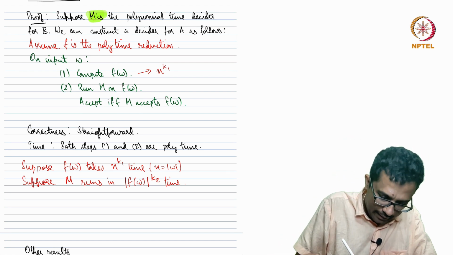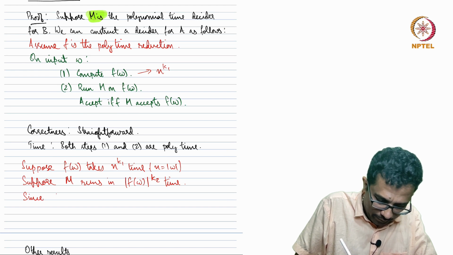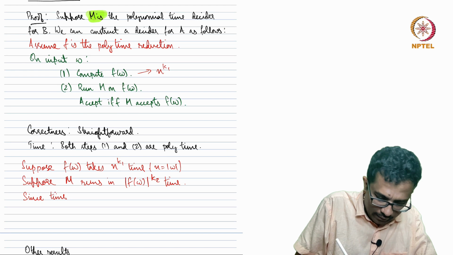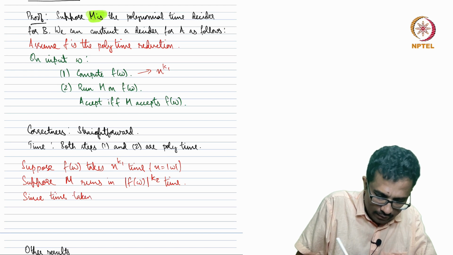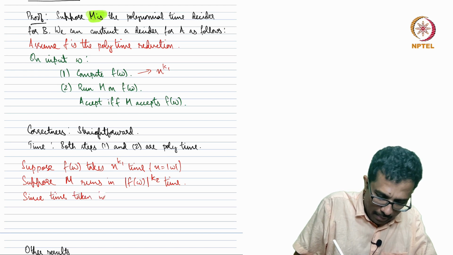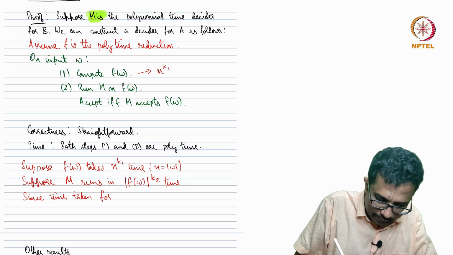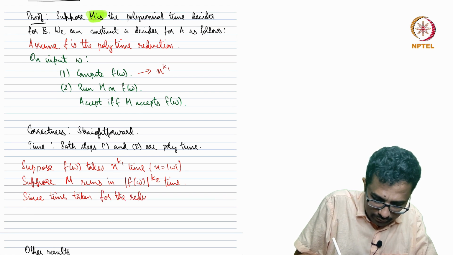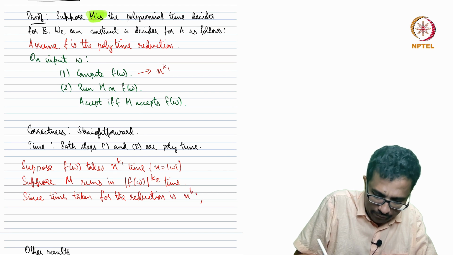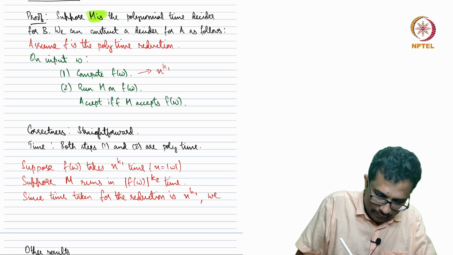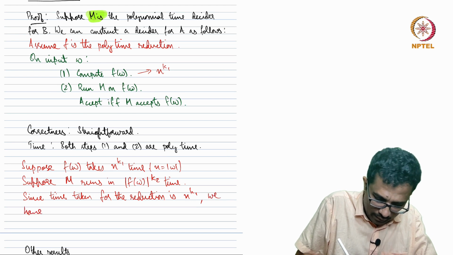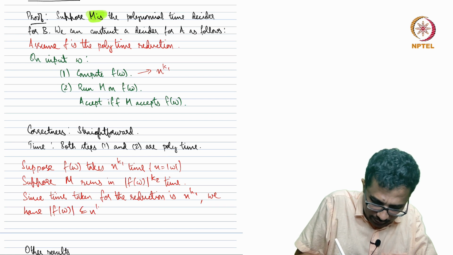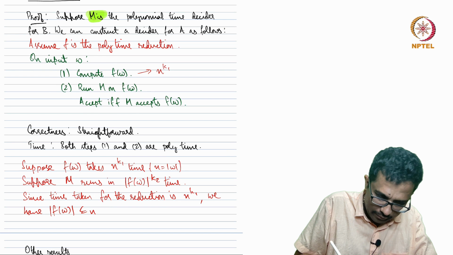So since the time taken for the reduction is n power k1, the length of f of W should be at most n power k1.